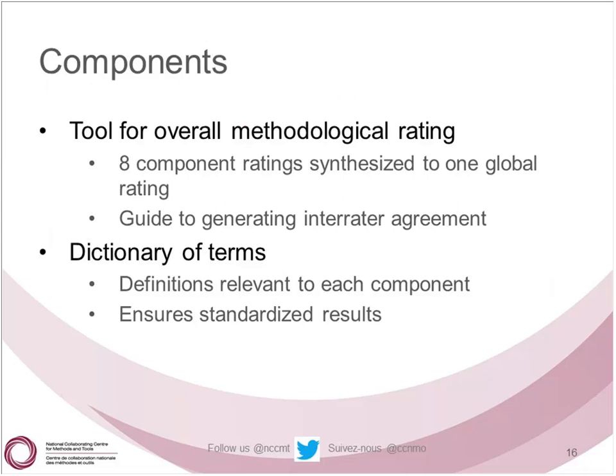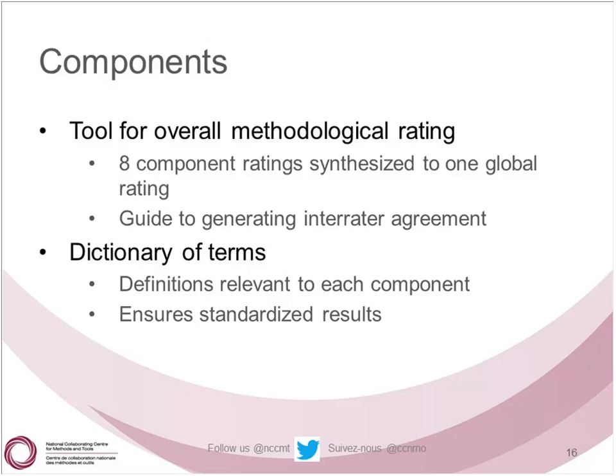There's also a guide that provides detailed information on the kinds of information the reviewers should be looking for in the published study, and how, based on that information, they would actually answer the questions in the tool. We'll talk a little more about that in a moment.